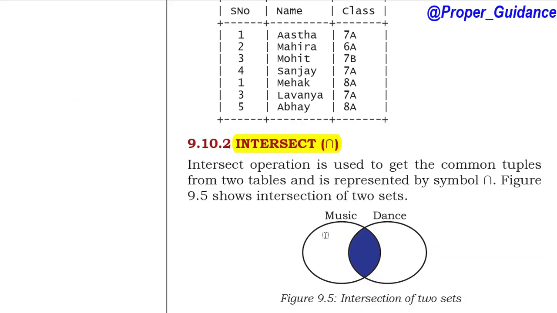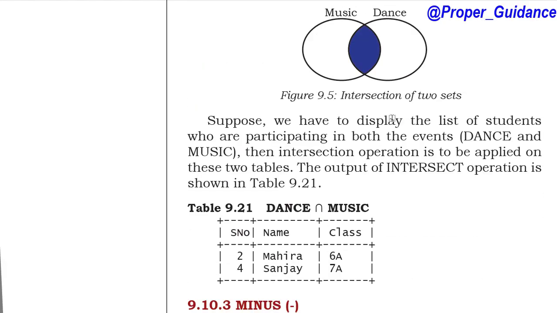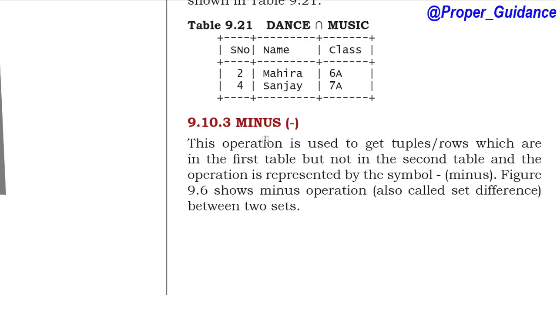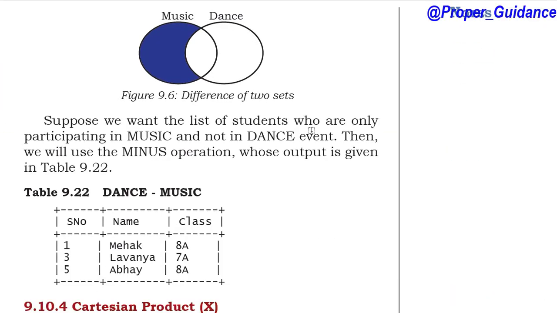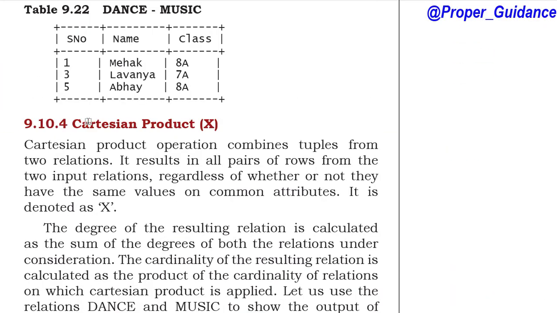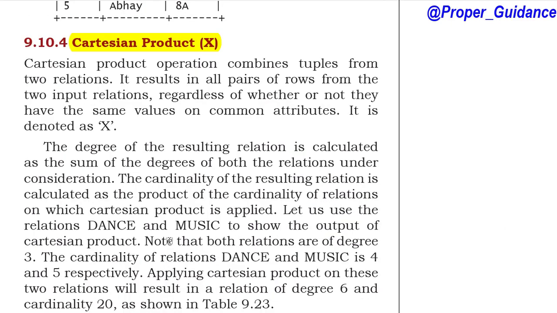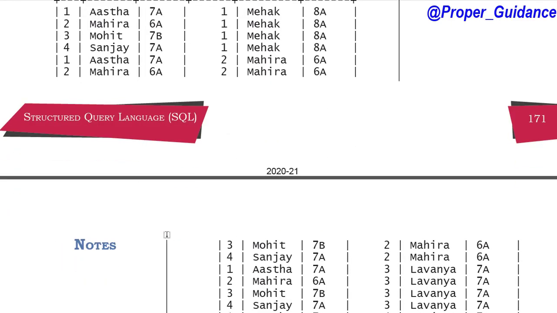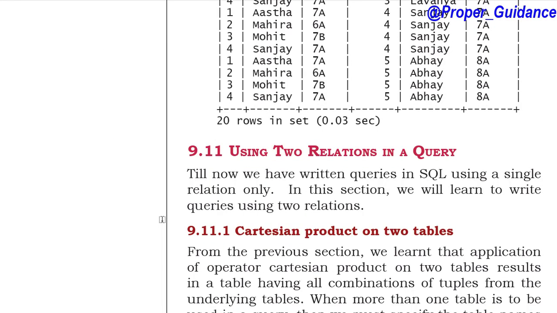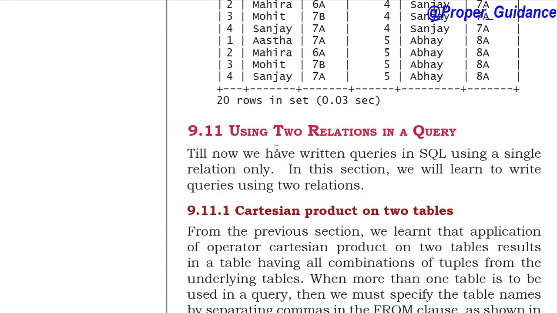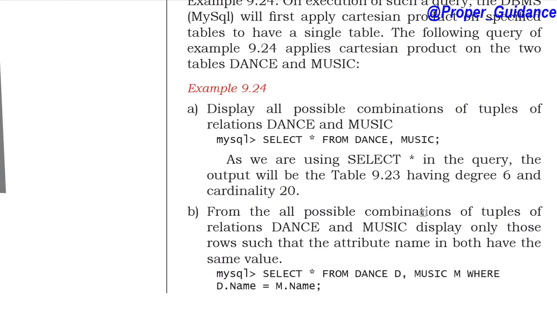Intersect: the common area only, the common portion. Minus this thing. Then Cartesian product. You know the Cartesian product now. This is from set theory concepts, using two relations in a query, Cartesian product of two tables. All these things, please go through.